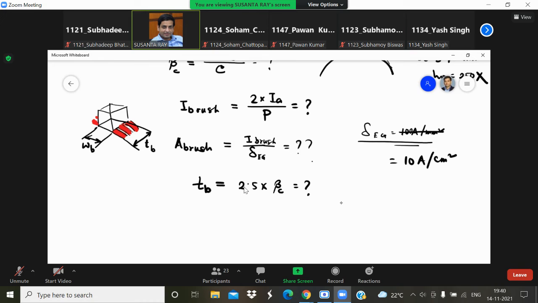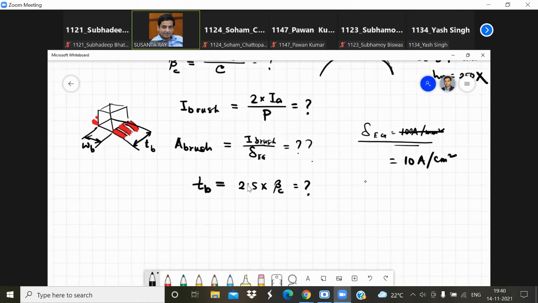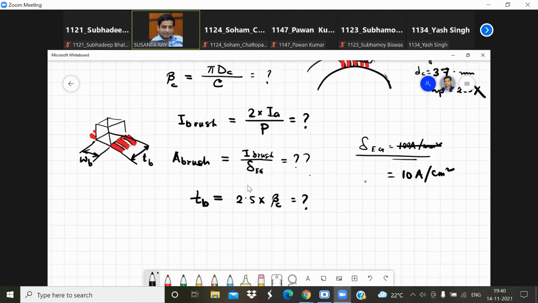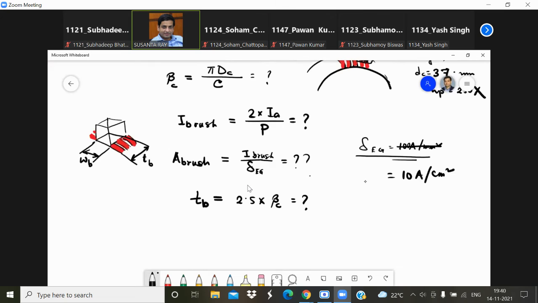If the number of coils is quite large, then you will get a smaller TB. But if you are getting TB less, then the WB will be more. Your aspect ratio of the brush will change, because you have to satisfy the area of the brush. That you cannot change, right? That you are getting from the brush current rating.